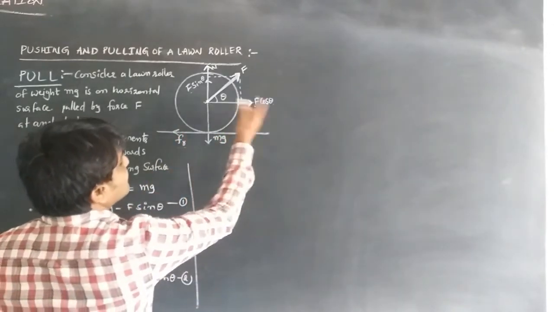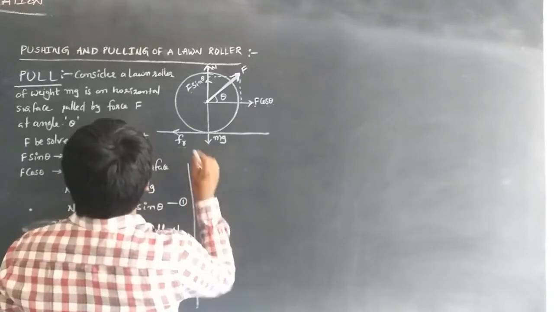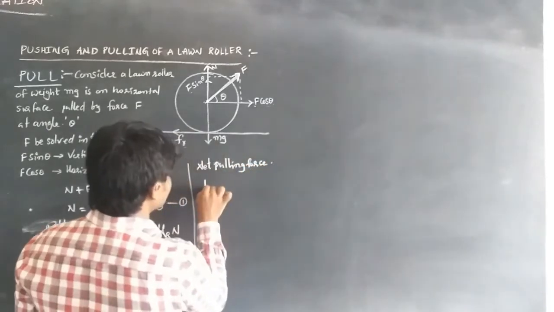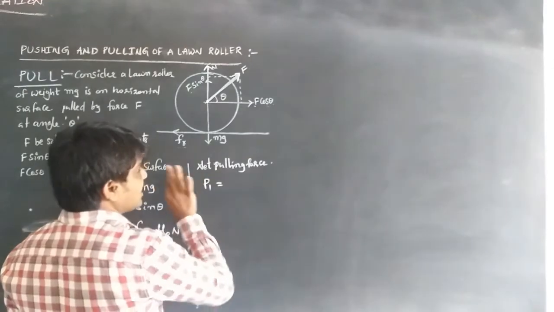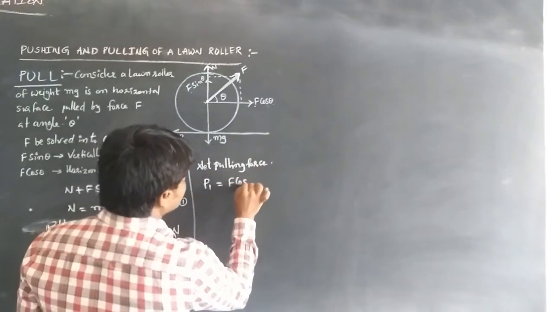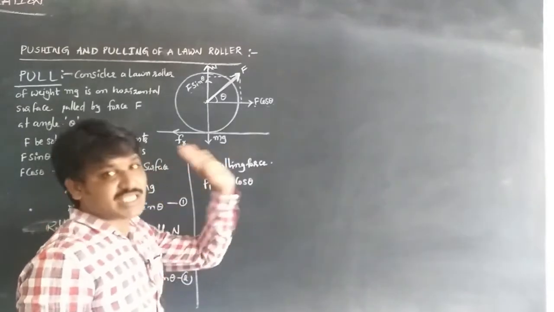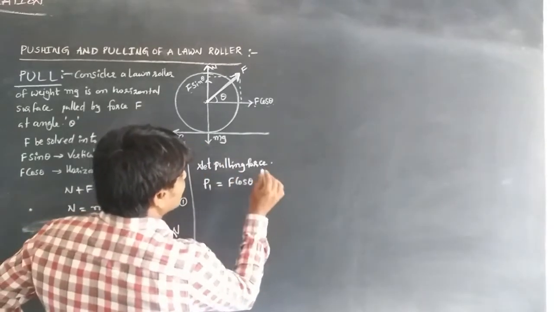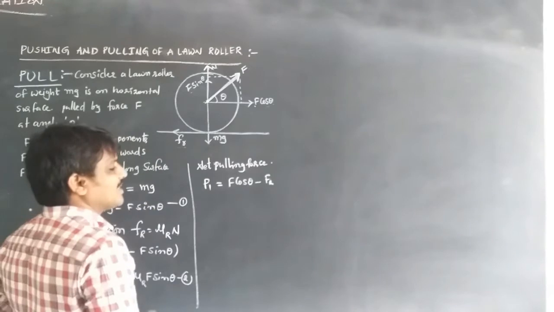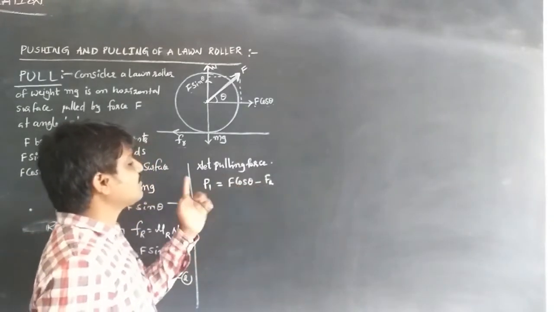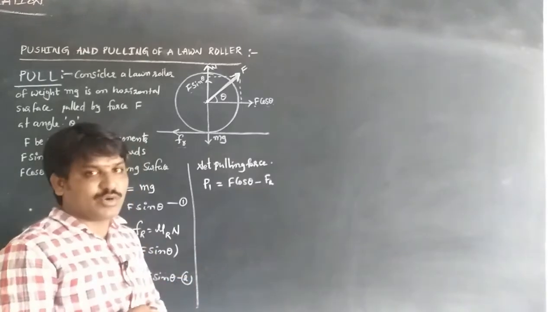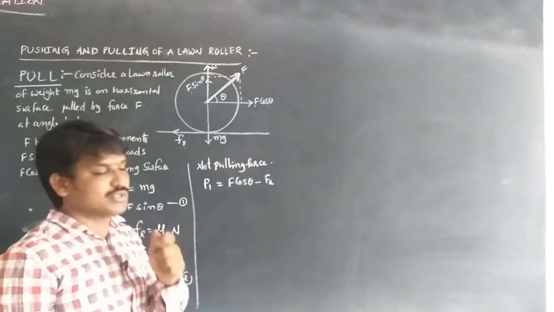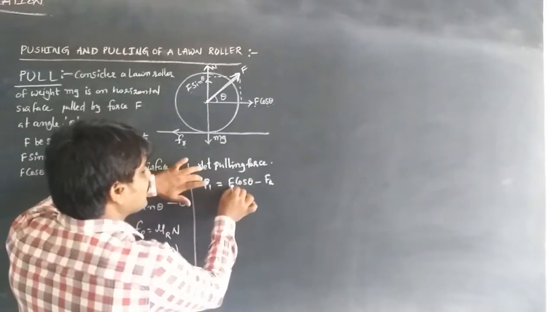That is the net pulling force, considered as P1. The body moves in this direction with F cos theta, so the net pulling force is F cos theta minus the rolling friction Fr. This is how much extra force is used beyond the frictional force to roll the lawn roller by pulling. So here P1 is the net pulling force and F cos theta acts in this direction.